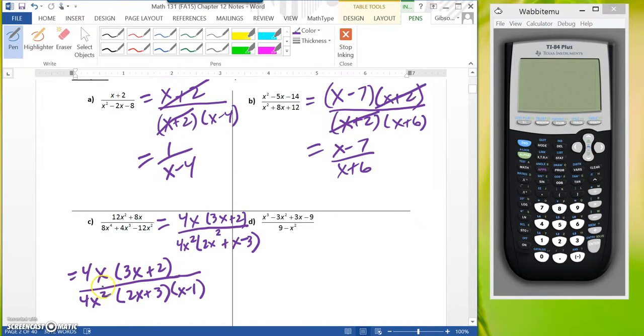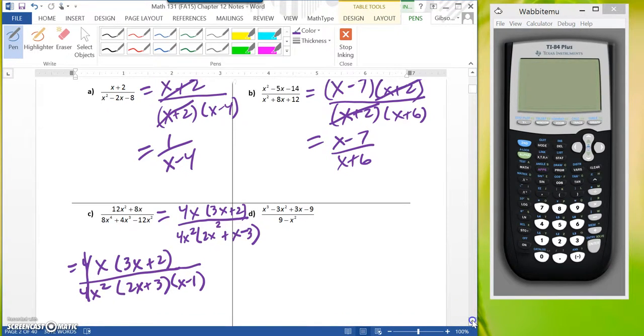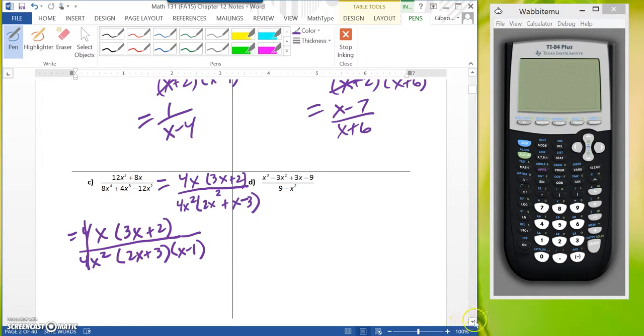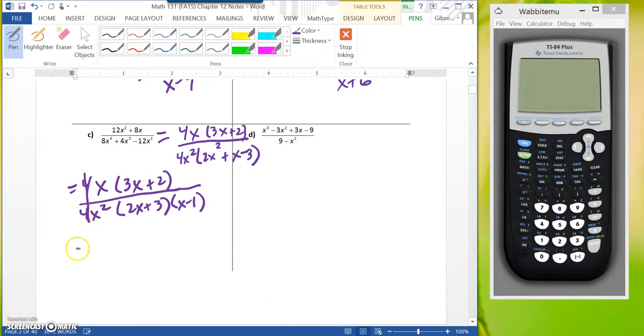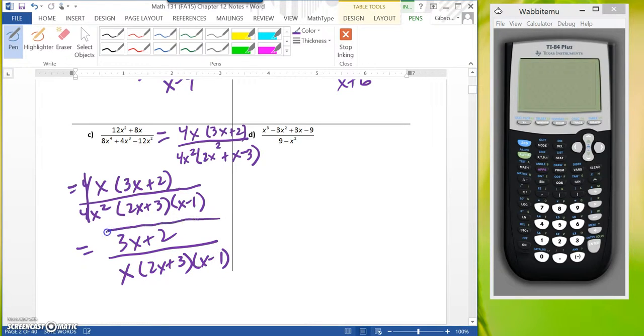Now if you notice here, the only thing we can simplify out is the 4x and the 4x squared. The 4's will simplify each other out. X over x squared, we know that would leave us an x in our denominator. So in our numerator, we would be left with 3x plus 2. In our denominator, we would have x times 2x plus 3 and x minus 1. And this would be our final answer.